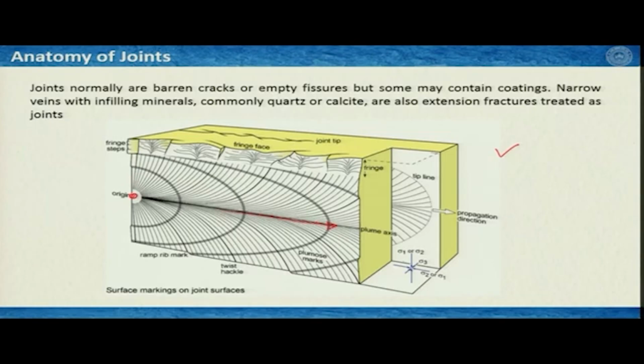So the fracture plane originated here, and then it propagated radially in all these directions, with the major growth direction in this, and this is known as the plume axis. Now the joint surface is characterized by feather like marks, which you see here. Let me clean this.